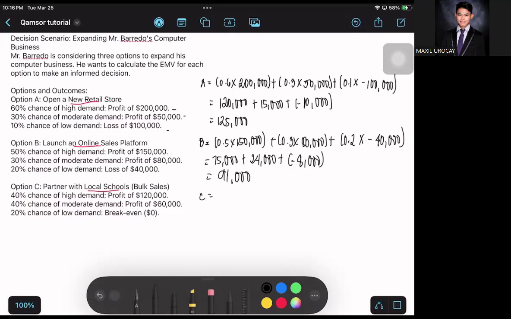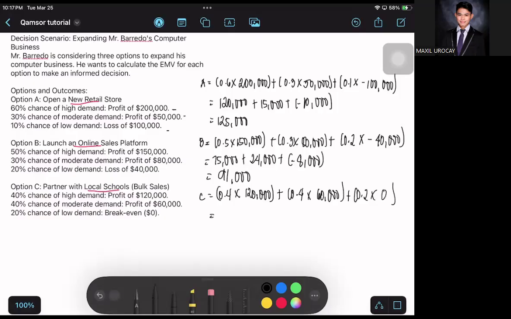For letter C, partnering with local schools for book sales, there is a 40% chance of high demand, multiplied by the profit of 120,000, and a 0.4 chance of moderate demand, with a 60,000 profit. Then there is a 20% chance of low demand, which leaves a break even of $0.